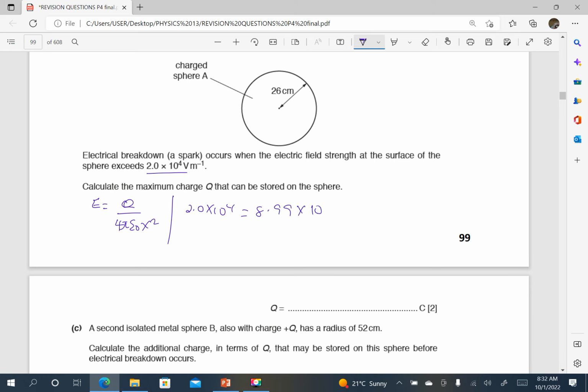8.99 times 10 power 9. That is 1 over 4 pi epsilon naught. Then times Q divided by the radius, which is 26 cm, 0.26 squared in meters. When I cross multiply, my value of Q is 1.5 times 10 power negative 7 coulombs.